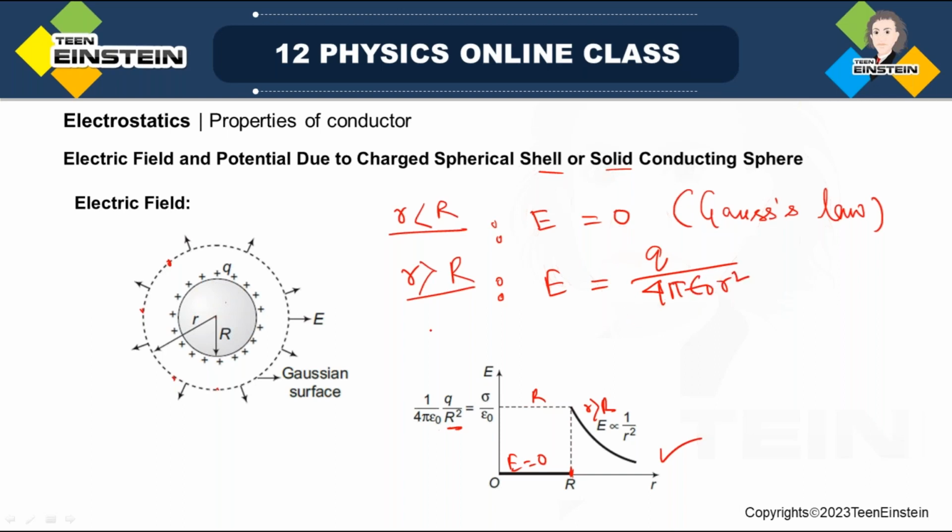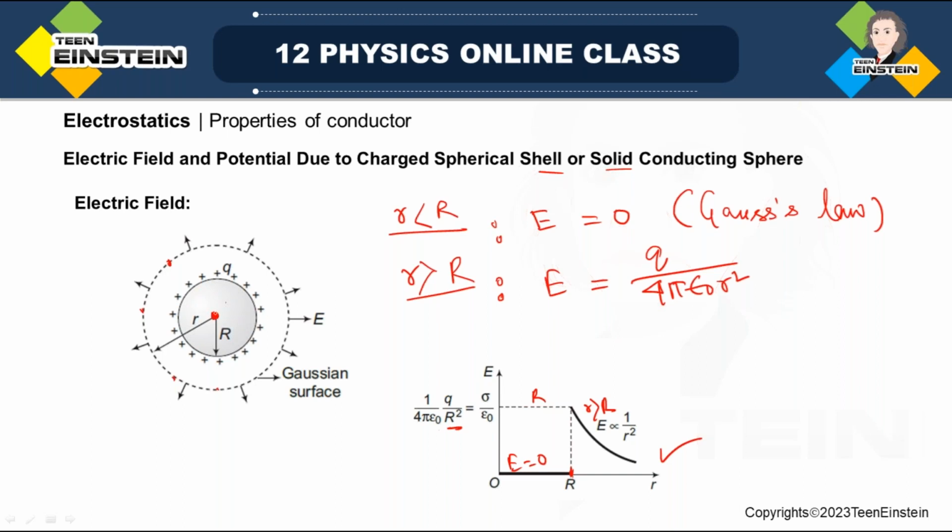That means the electric field at any point outside the spherical shell is identical to the electric field produced by a point charge Q. That means all the charge on the sphere is as if sitting at the center as a point charge.